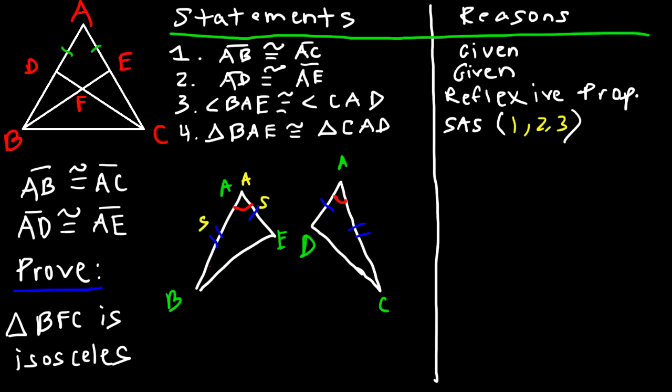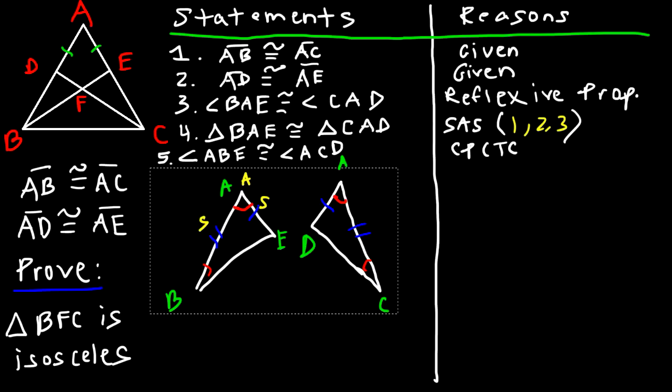So we're going to say that this angle is congruent to that angle. So number 5, angle ABE is congruent to angle C. Actually, I have to fix that. That's going to be congruent to angle ACD. And the reason for that is CPCTC. Corresponding parts of congruent triangles are congruent.